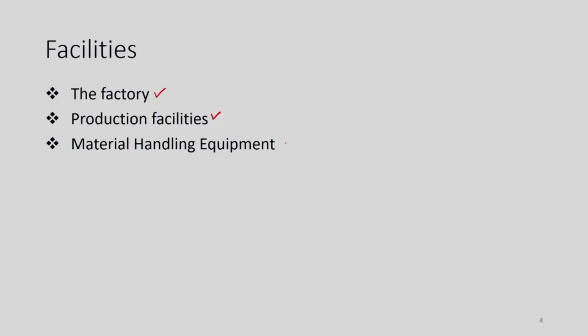Even we need to convey the tools required to manufacture the components. So, there are various materials which are to be conveyed on the shop floor. To handle them, we need equipment, we need machinery. So, that is the third element in the facilities. The next element in the facility is inspection.